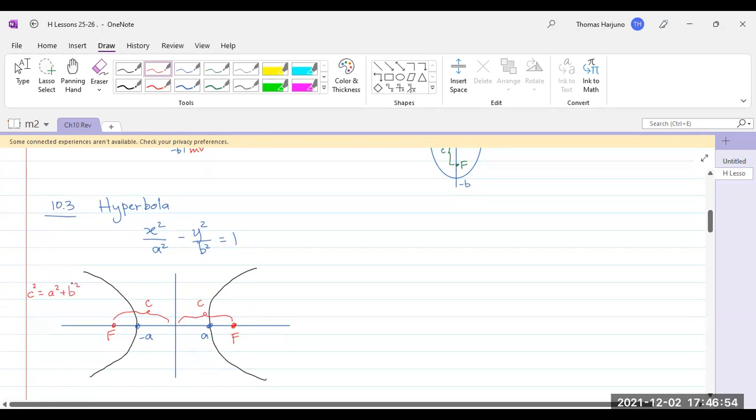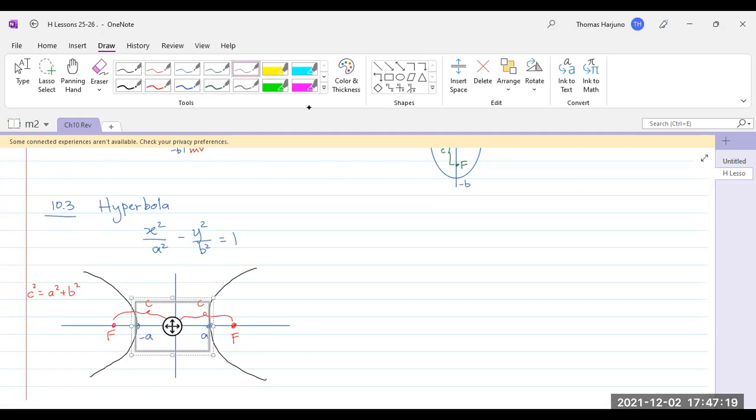And we also have, remember, asymptotes. The asymptotes connect the diagonal corners of this rectangle here. We call that the auxiliary rectangle, remember?